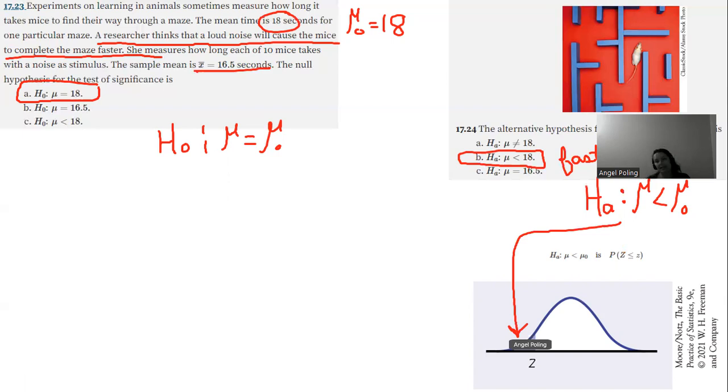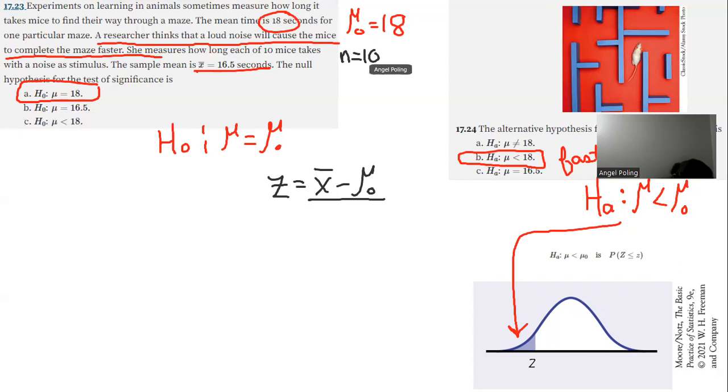They didn't have us calculate the p-value because we could though, if we wanted to on our own, right? So we could calculate a z-score and then find that value in table A. Let's see. Just curious, right? So z equals x bar minus mu naught. Oh, maybe we don't have n. Oh, we do, 10 mice.